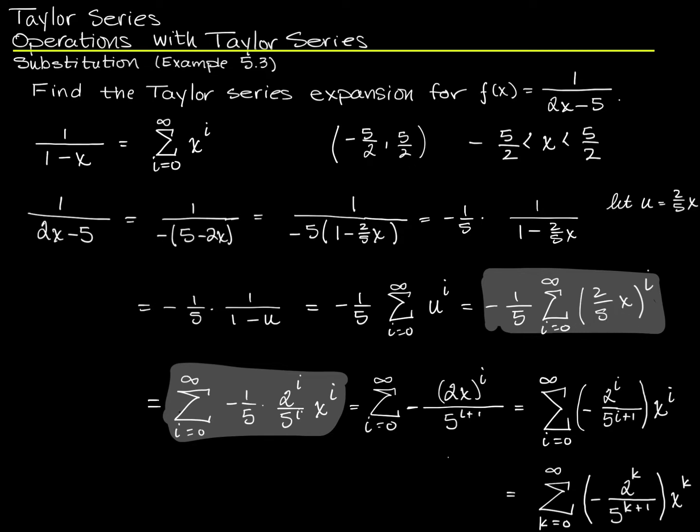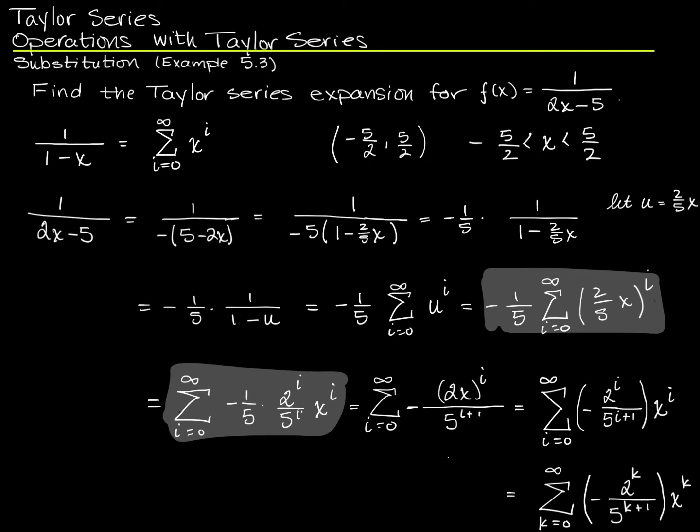So if you add these all up and then multiply by negative 1/5, you'll get the same thing as if you multiply each term by negative 1/5 and then add them all up, right? You're effectively factoring out a negative 1/5 if you write it this way. So multiplication by a constant is allowed, and it's allowed in Taylor series because it's allowed in summations. Now this has been example 5.3.